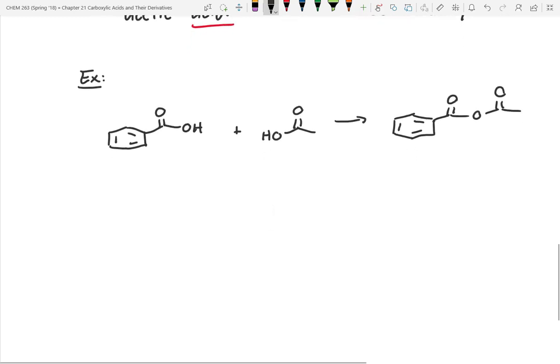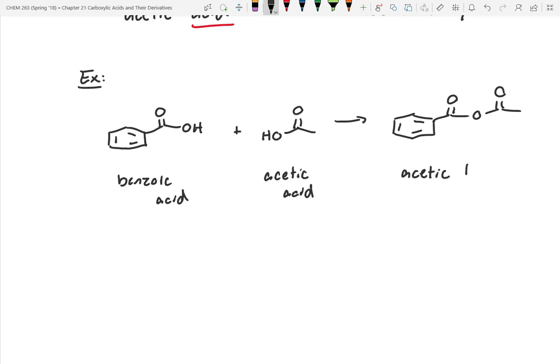The starting material on the left is benzoic acid. This one's acetic acid, which means the final name is going to be acetic benzoic anhydride, because it's a mishmash of those two acids that are used to make them.